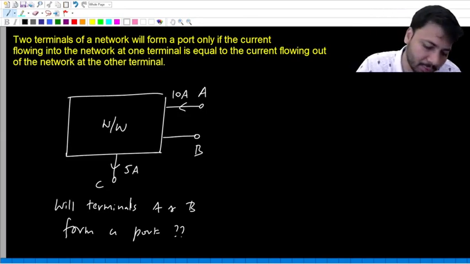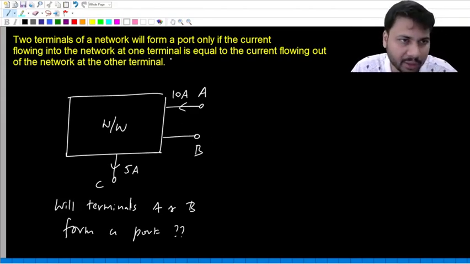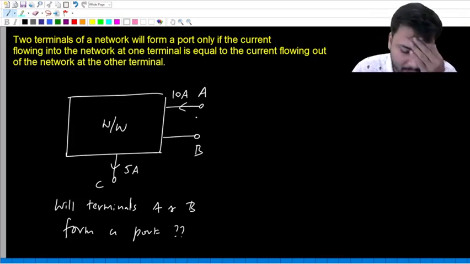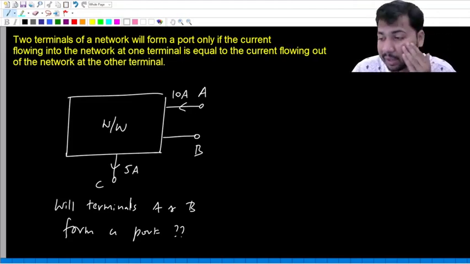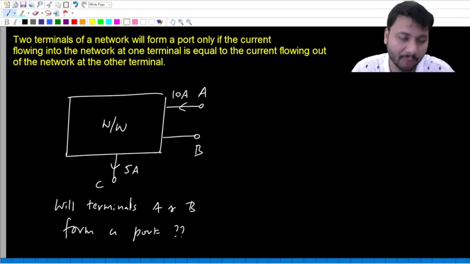The answer should be either yes or no. Let us just go by the definition of a port. So when will two terminals form a port? If the current flowing into the network at one terminal is equal to the current flowing out of the network at the other terminal. So if at one terminal 1 ampere is entering, at the other terminal 1 ampere should come out. Only then those two terminals will form a port.